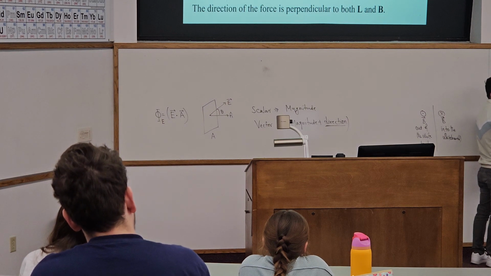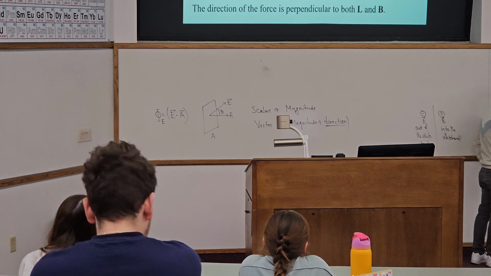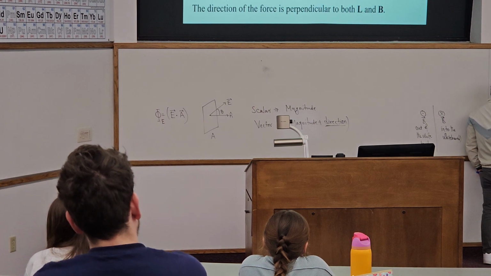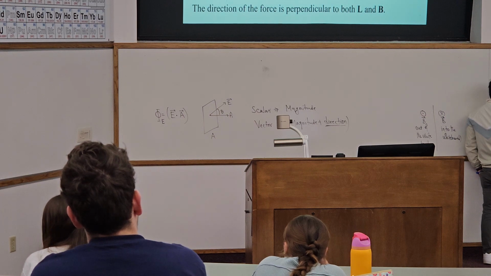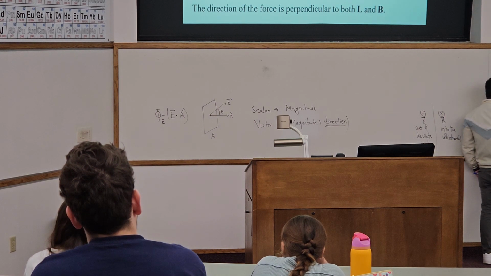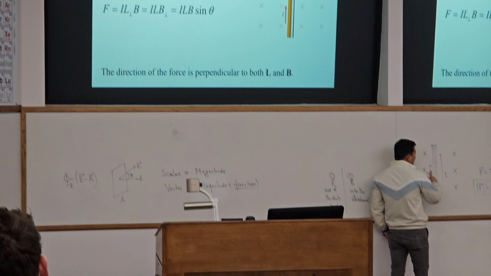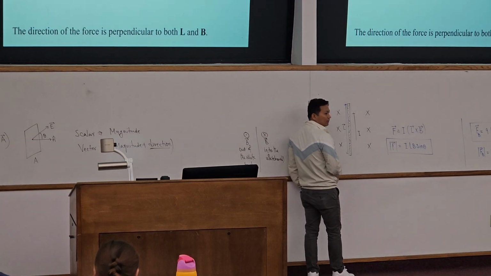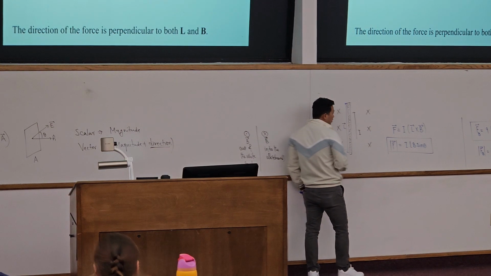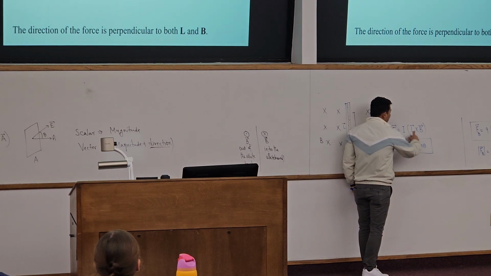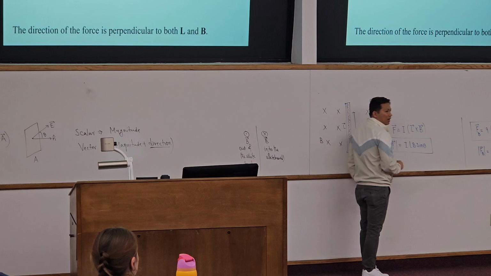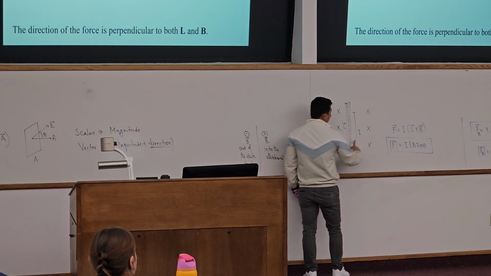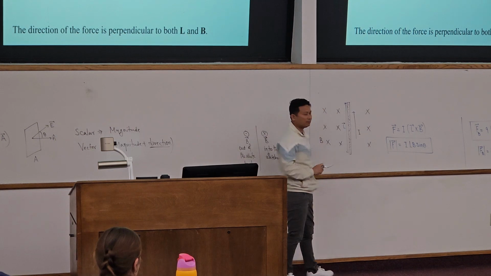I need to give it a direction, and the direction of the current is the direction of this L vector. So don't be confused: the direction of the L vector is the direction of the current. If the current is going in this direction, your length vector is also in that direction.